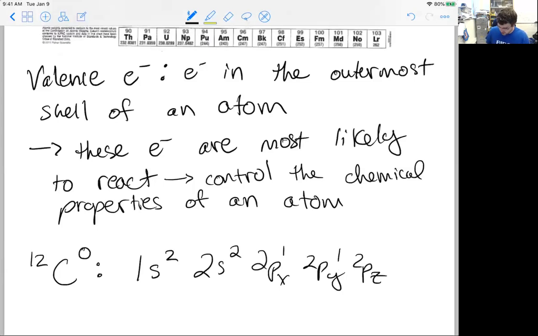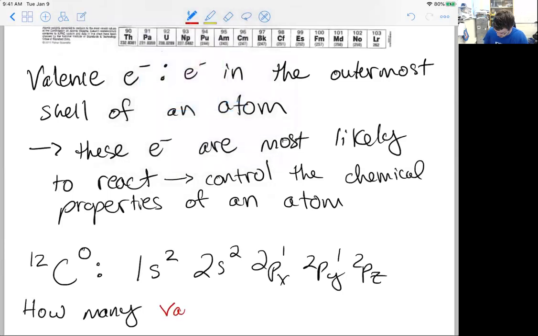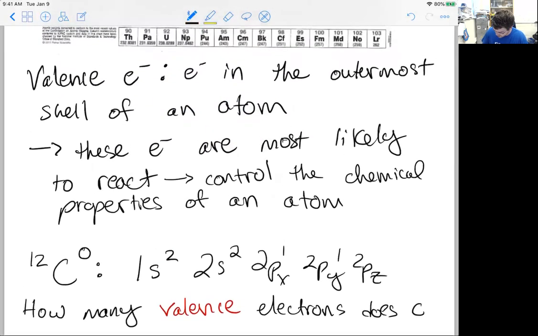But I want to ask the question, changing the term up here, not total electrons, but valence electrons, how many does C12 have?